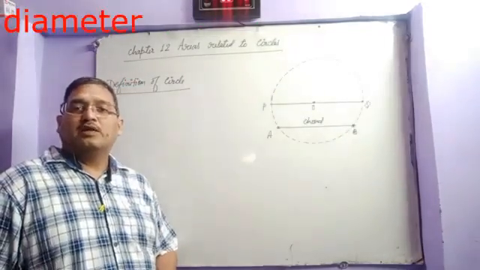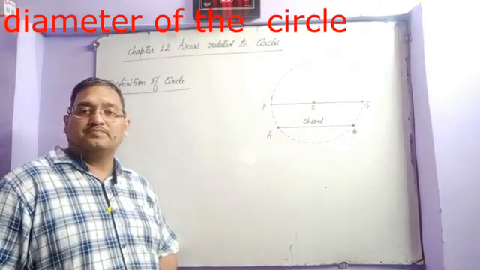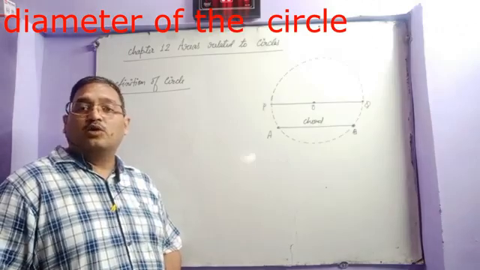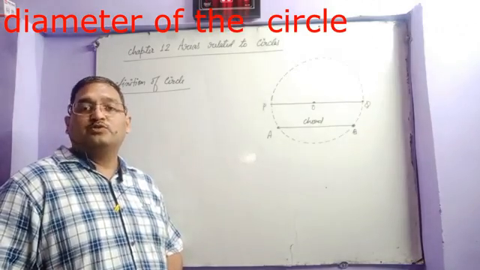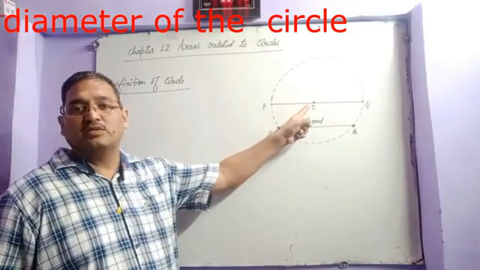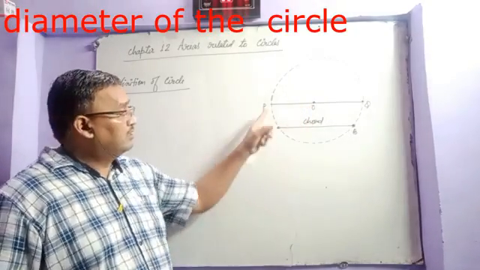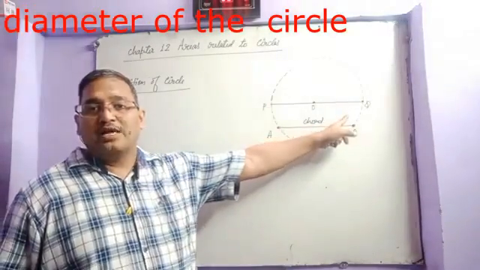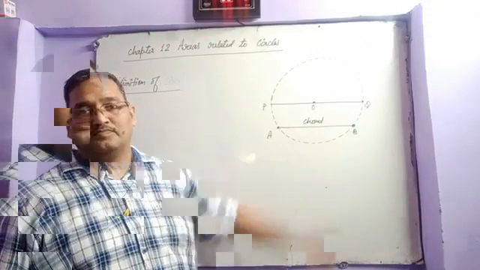Now next term is diameter of the circle. The chord of a circle which passes through the center is known as the diameter of the circle. Diameter is the longest chord of the circle.